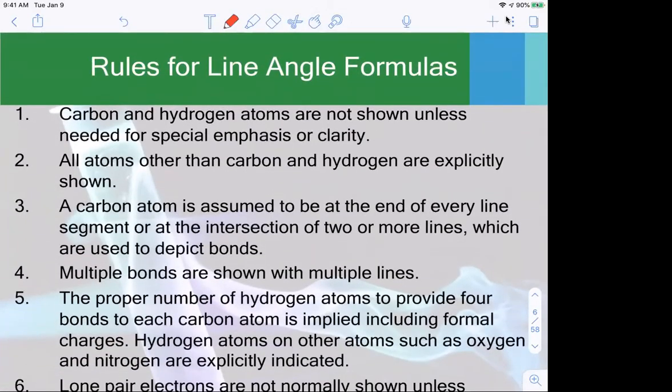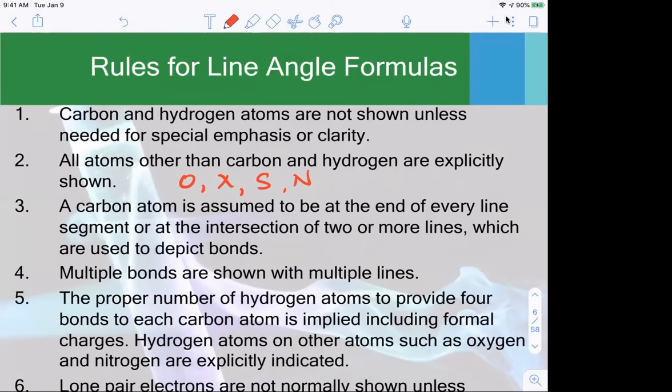So how do I draw these? Carbon and hydrogen atoms are not shown unless I have to for special emphasis or clarity. Anything other than carbon and hydrogen are explicitly shown. So if I have an oxygen, if I have a halogen, if I have a sulfur or a nitrogen, those atoms are going to explicitly be shown.